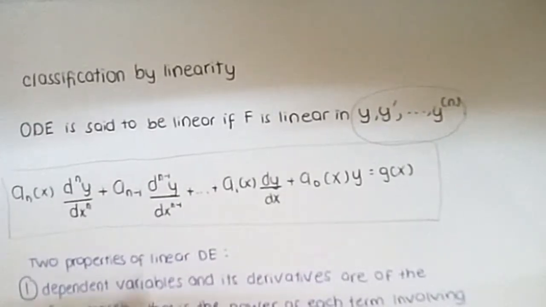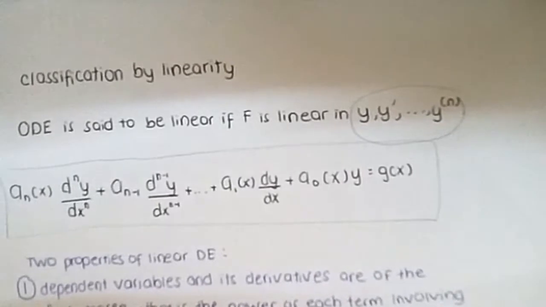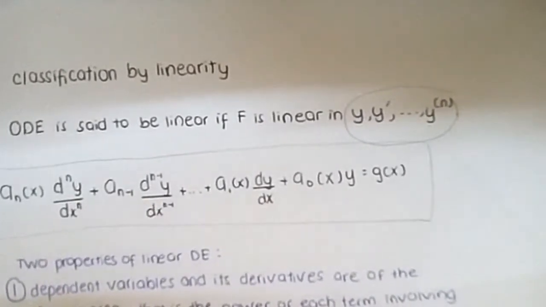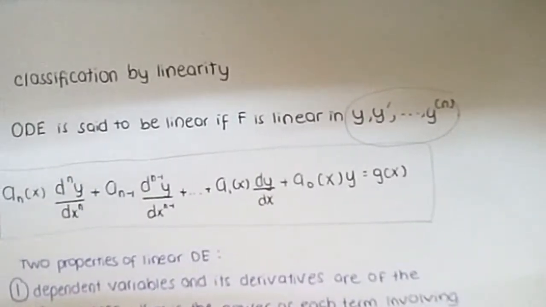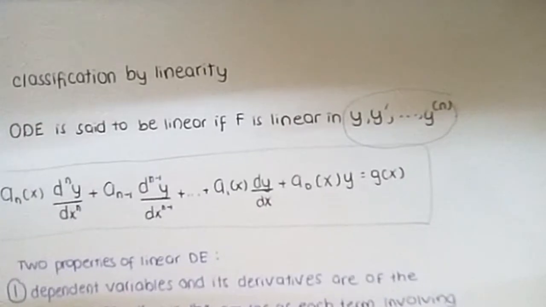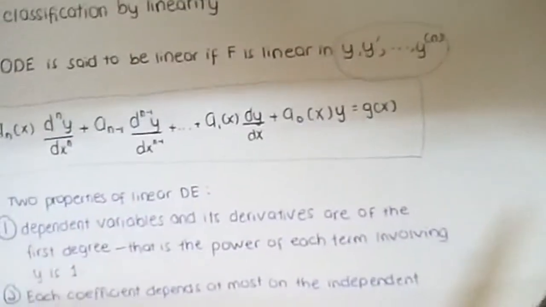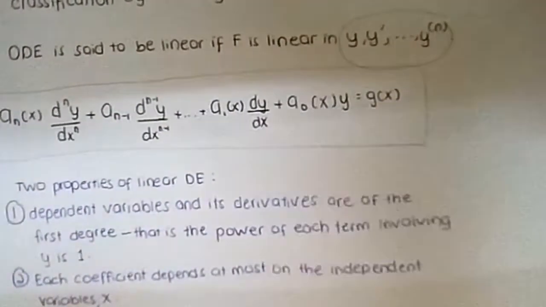First, dependent variables and its derivatives are of the first degree. That means the power of each term involving y is only 1. And second, each coefficient depends at most on the independent variable x. For instance, this is an example of a linear DE.